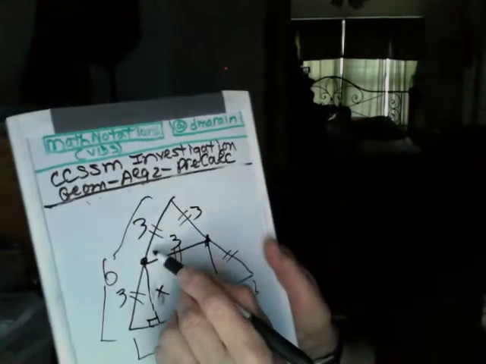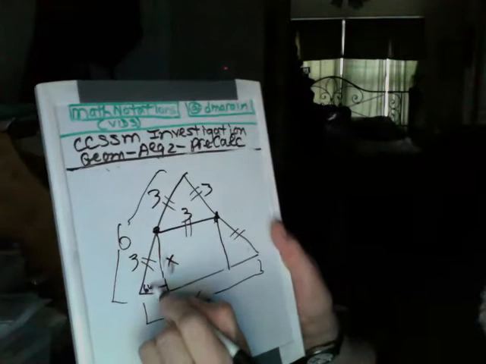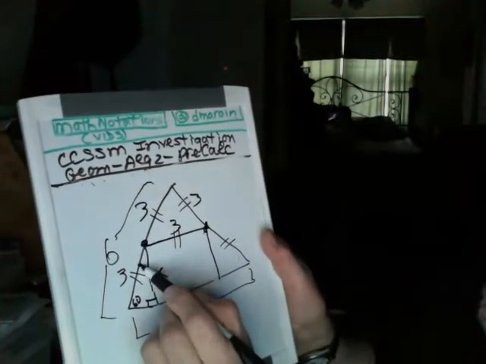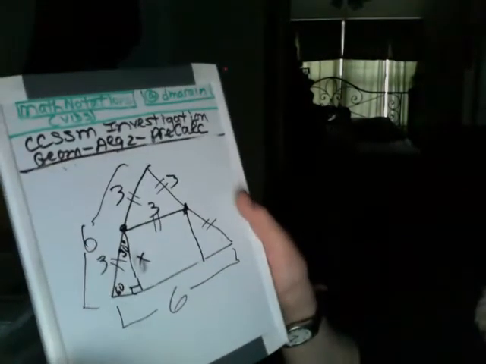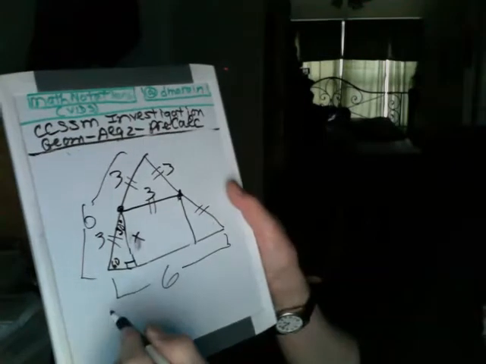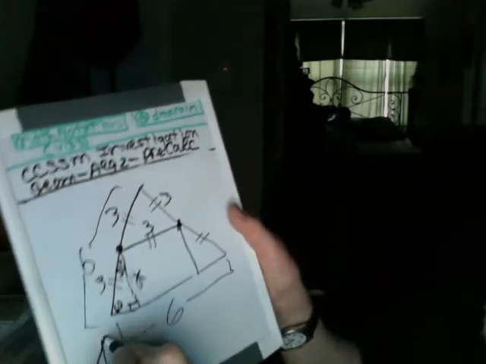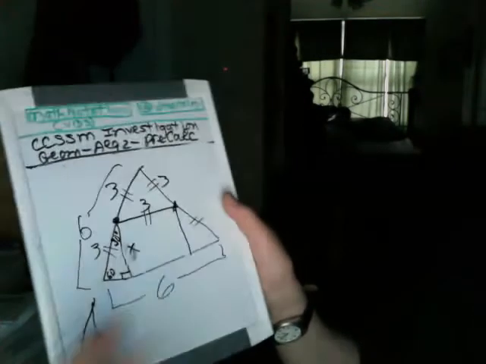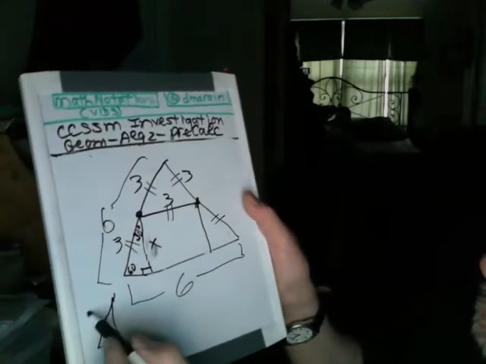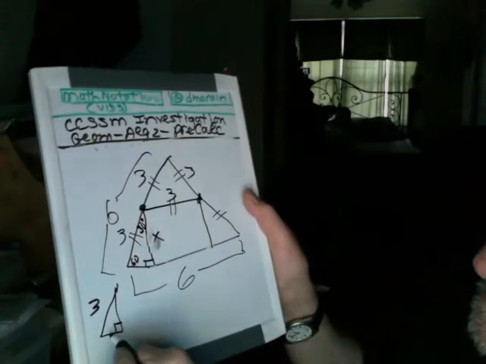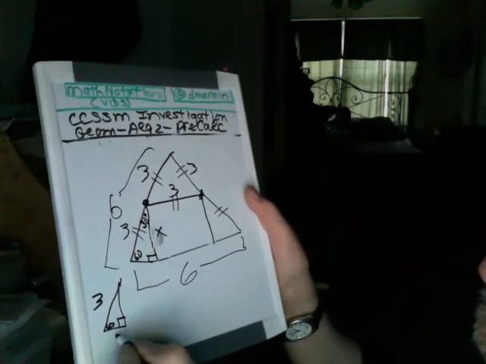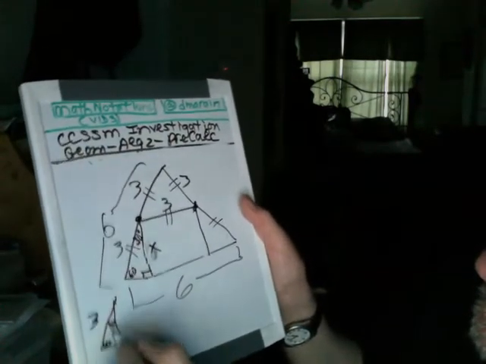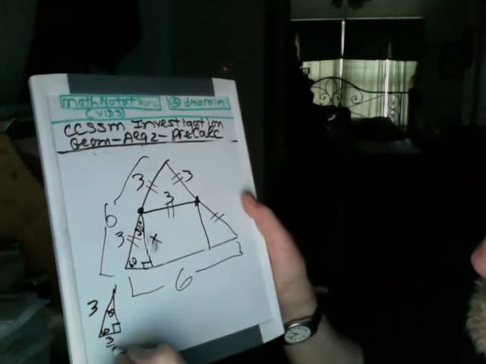Hopefully they'll recognize that this is a 30, 60, 90. Somebody in each group ought to make that observation from geometry, whether they're in geometry or in a higher math class. And so we need to review, so I usually go off to the side, and this is something I've tried in the classroom. So this is 3, and in a 30, 60, 90 triangle, we know that the side opposite the 30 is half the hypotenuse, 3 over 2.